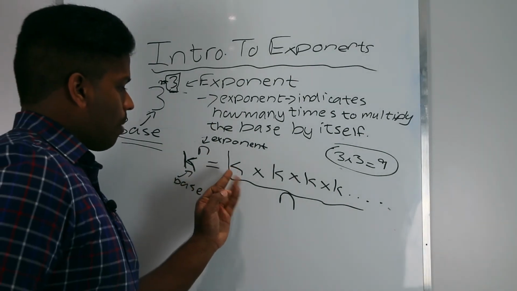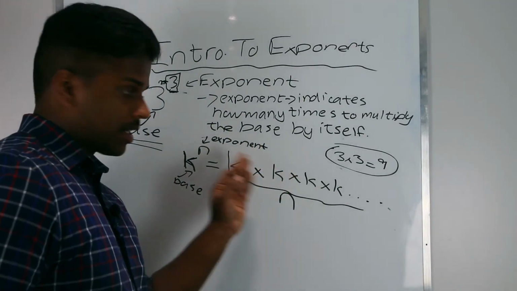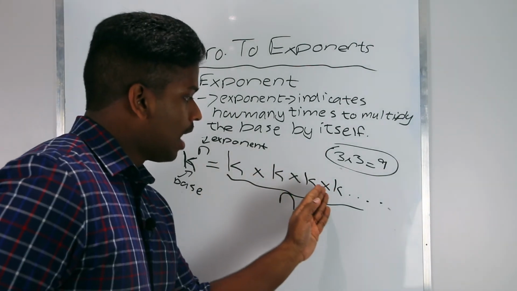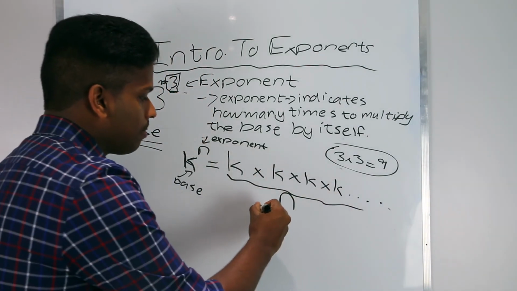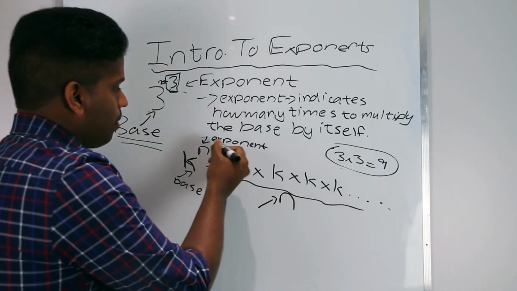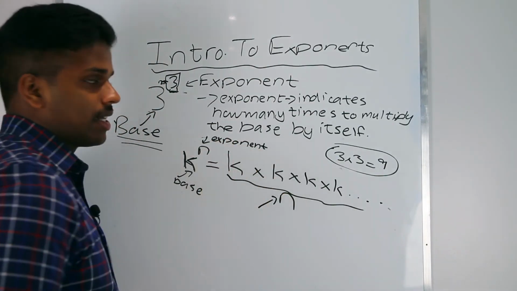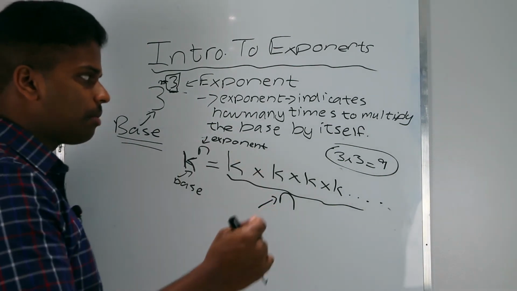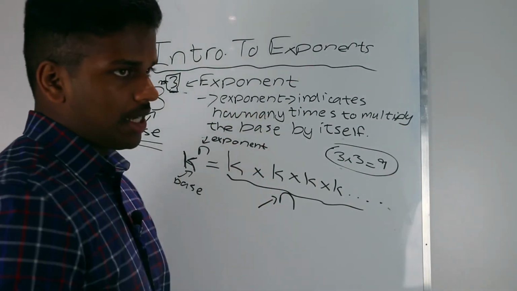We are multiplying the base by itself, k times k times k, however many times as indicated by our n value, which represents our exponent. This is an illustration using variables of what an exponent means.